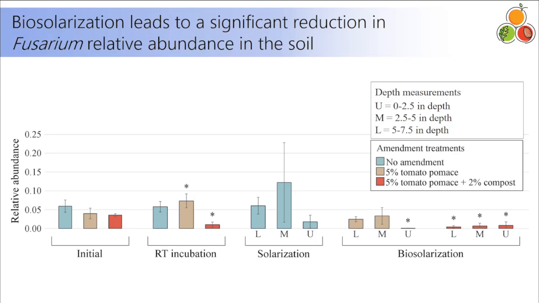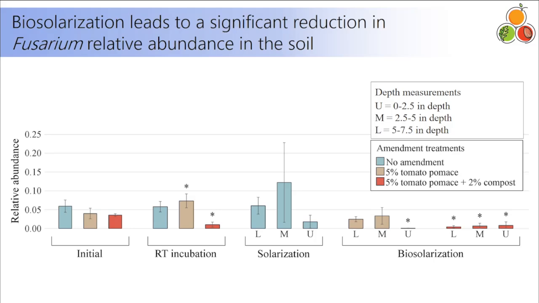And you can see, for instance, for this treatment, which is the pumice with the compost, even the amendment alone acted to decrease the level of fusarium. If you look at solarization, which is just solar heating by itself, no amendment, no significant change in the fusarium levels across our different depth levels. This is down to 2.5 inches, 5 inches, and 7.5 inches depth.